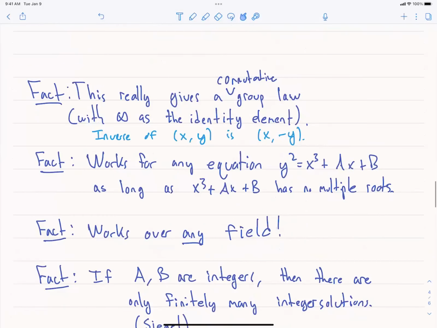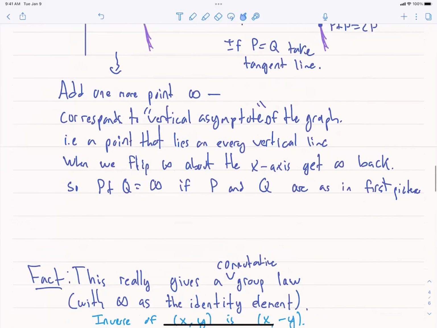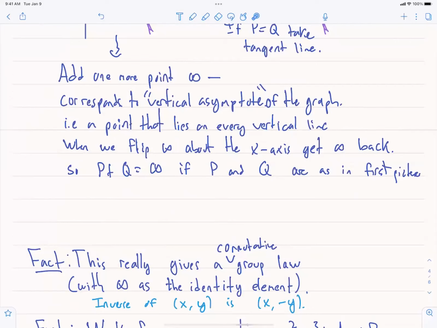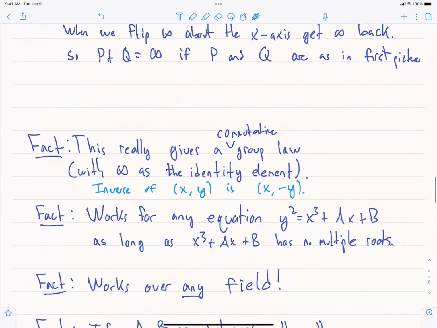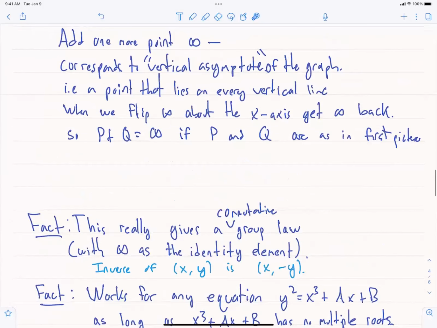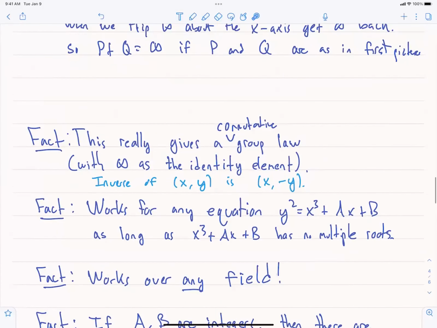Okay. So that's an amazing thing. One of the things we're going to do on the worksheet on Tuesday is work out some specific formulas for this group law. We're going to work mostly with this specific equation, but actually this works for any equation of the form y squared equals x cubed plus ax plus b, or even a bit more general, as long as x cubed plus ax plus b has no multiple roots.